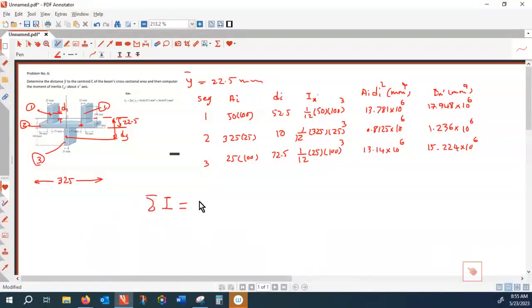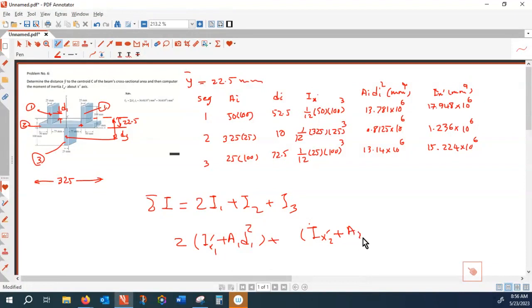The total I is 2 times I1 plus I2 plus I3, where I1 is 2 times Ix prime plus A1 D1 squared, and for the second one, plus Ix2 prime plus A2 D2 squared, plus Ix prime 3 plus A3 D3 squared.